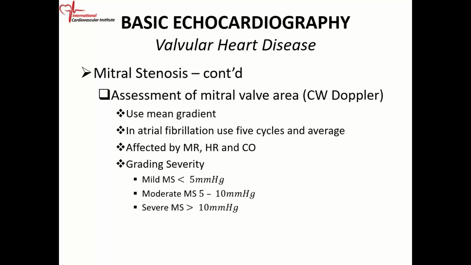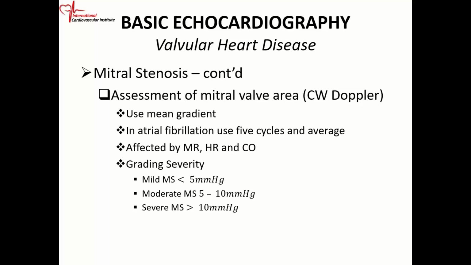So how do you assess the mitral valve? The valve is going to look like it's not opening properly. It could be rheumatic. It could be senile. Rheumatic is far more common than senile mitral stenosis.